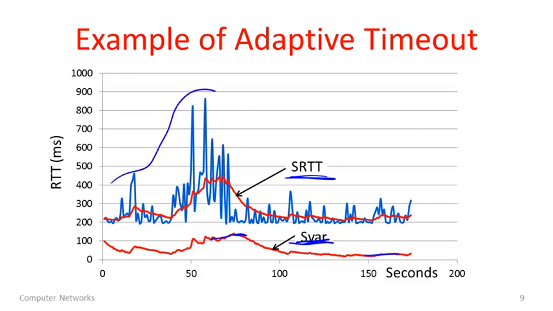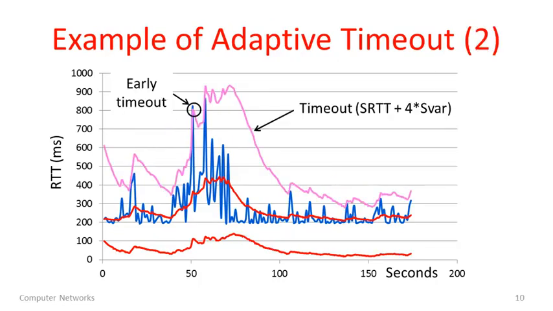And we hope that that will somehow be something like this. Let's see. Well, here it is. You can see actually it did even a little better than my line. Here's the timeout, so the smooth round trip time plus 4 times the variance.